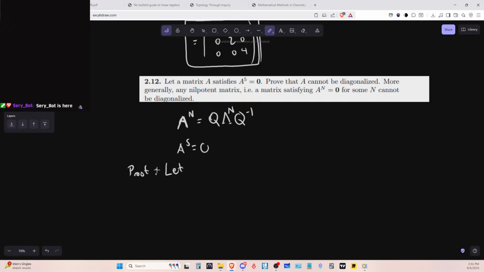I'll just write proof out of habit. Let A be a matrix.